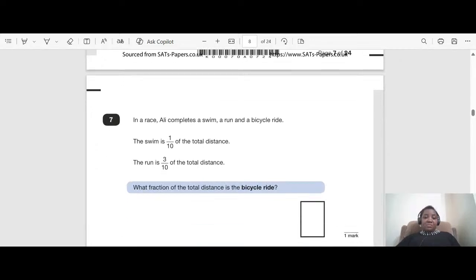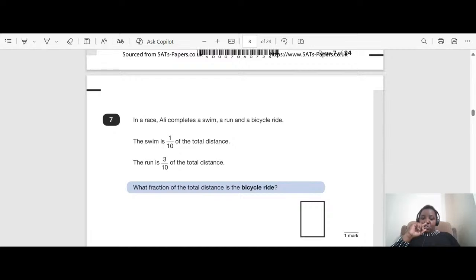Question number 7. In a race, Ali completes a swim, a run, and a bicycle ride. The swim is 1/10 of the total distance. The run is 3/10 of the total distance. What fraction of the total distance is the bicycle ride? Now, the total distance is 1, which is 10/10.